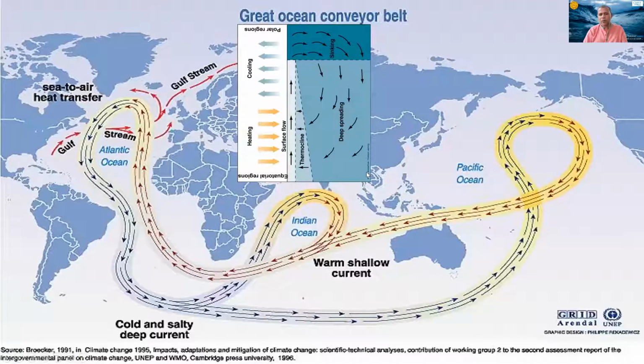The next one also explains different currents that, when put together, result in this global ocean conveyor belt. So in reality there is one connection between these oceans in one belt, which means all the oceans are connected to one another. Though we consider them separate, in reality they are not separated.